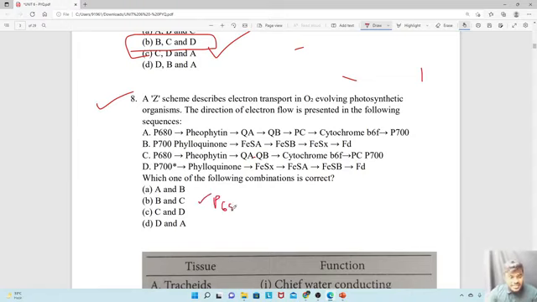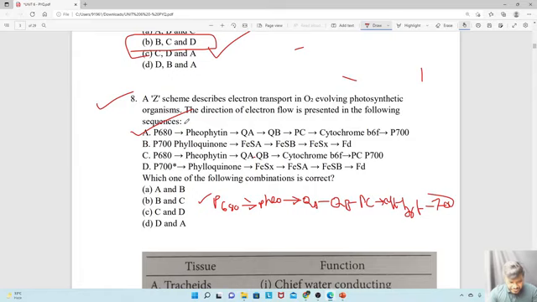From the P680, who is the first electron acceptor? From the P680, pheophytin. From the pheophytin, plastoquinone A, plastoquinone B, plastocyanin, cytochrome B6F and P700. So obviously, option A, look into this. They said P680, pheophytin. I'm sorry friends, let me write here.